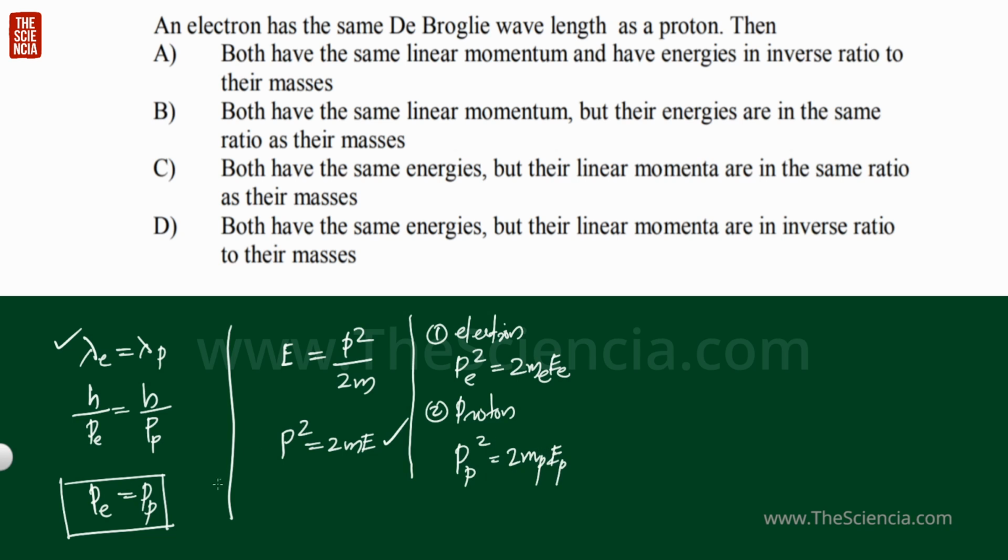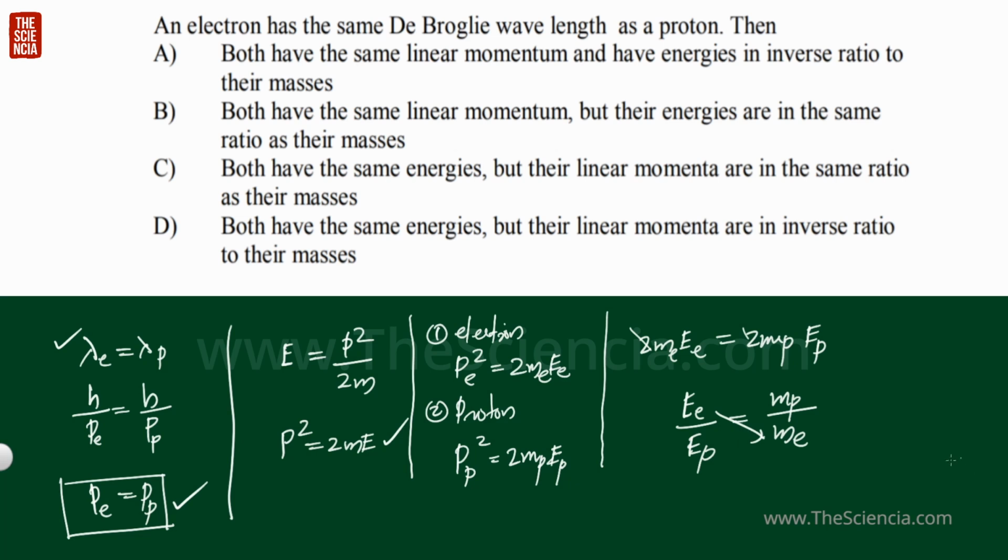And in the first equation itself, we found that Pe is equal to Pp. That is 2me Ee is equal to 2mp Ep. So from this equation you can cancel the 2 and find the relation between Ee and Ep, that is equal to mp by me. So the energy and their masses are inversely proportional. So option A is the correct one, right?